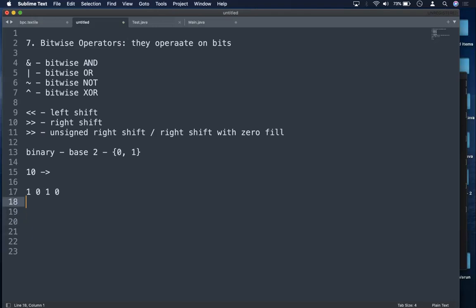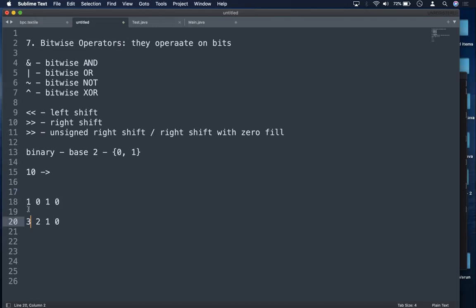Okay, so now let's see here. So this is 2 power 0, the first one is 2 power 0. Let me write the powers here as well. So this is 2 power 0, and this is 2 power 1, and this is 2 power 2, and this is 2 power 3. So this is how the powers go, and we have to represent from 2 power 0. Now if you see here, this bit is set.